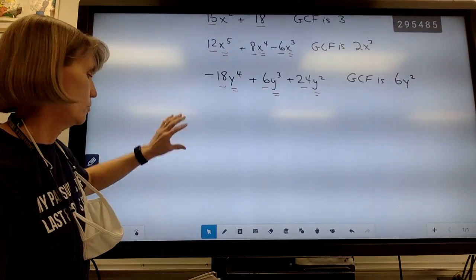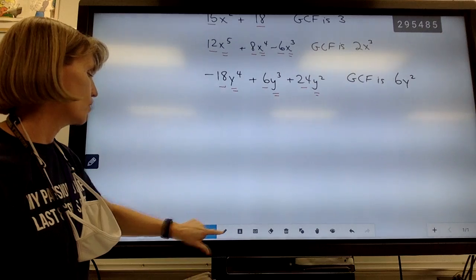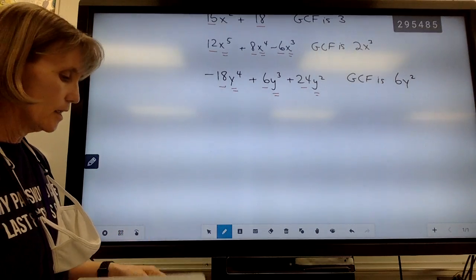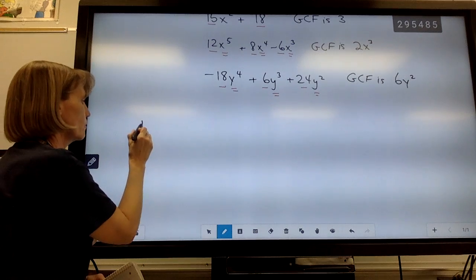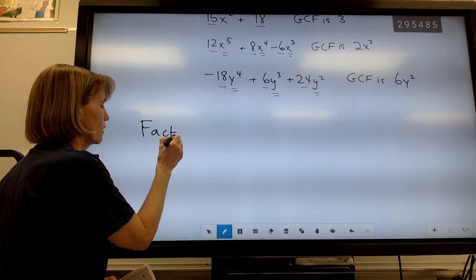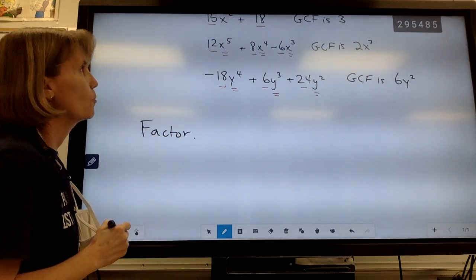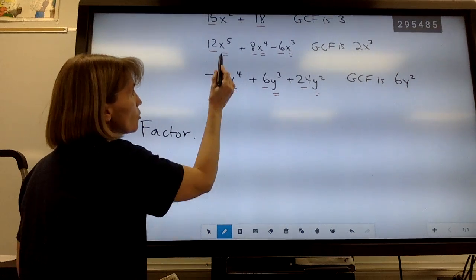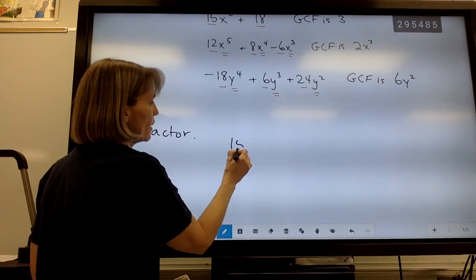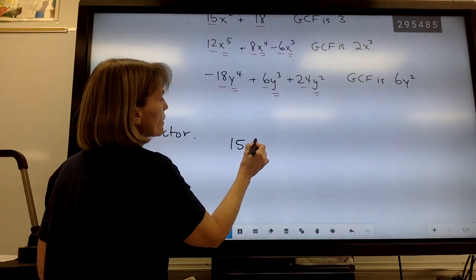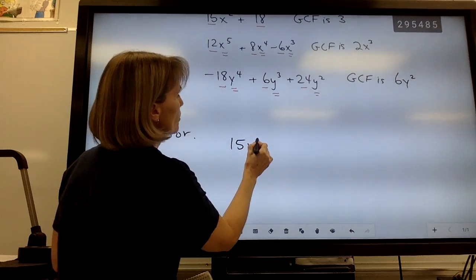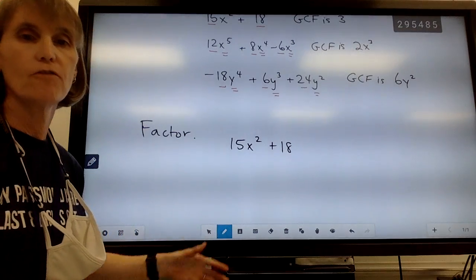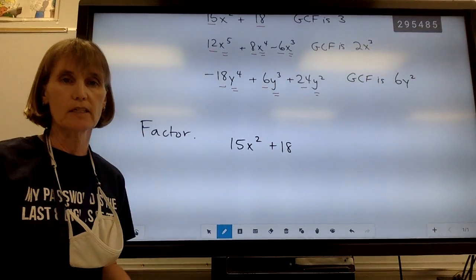Now the directions are going to change a little bit on you, and it's going to ask you to factor the polynomial by taking out the greatest common factor. So let's go back up to that example that we had of 15x squared plus 18. It's going to ask you to factor this by taking out the greatest common factor.